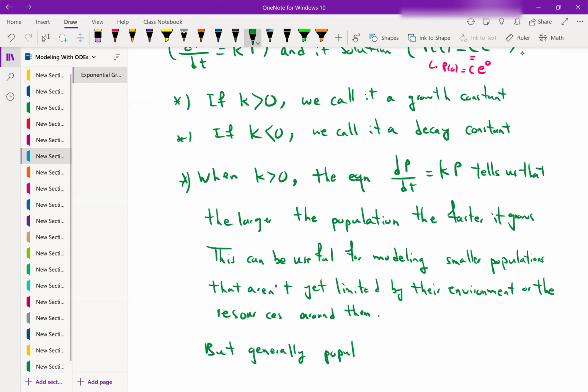Populations don't tend to grow exponentially forever, without bound.